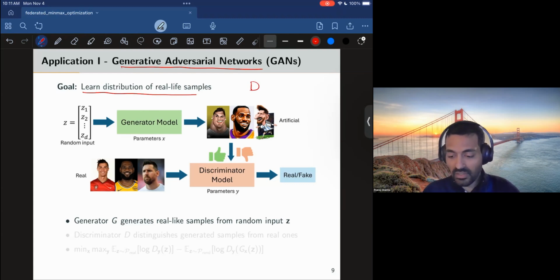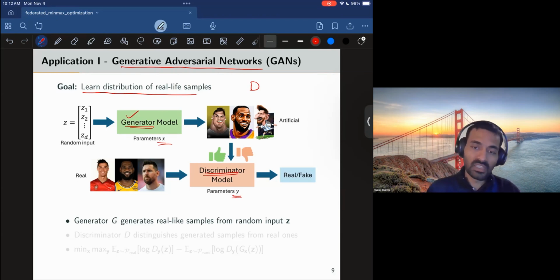To learn this distribution, we take two neural networks and we make them compete against each other. We have one neural network called the generator, which has parameters x, and we have another neural network called the discriminator, which has parameters y, right? Let's see what they do. This generator, as the name suggests, will generate some samples.